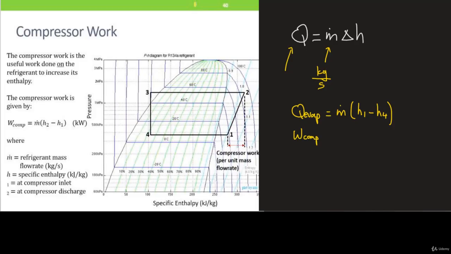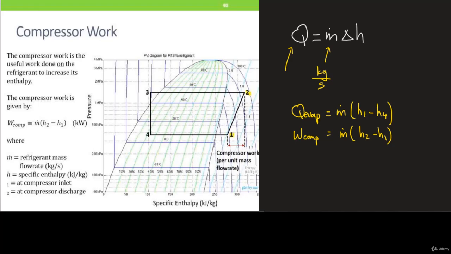W comp is equal to m dot, the same refrigerant mass flow rate, multiplied by (H2 minus H1). Why is that so? Because when your refrigerant moves from point 1 to point 2, it is undergoing compression. We want to find the change in enthalpy, and multiplied by the mass flow rate, you get the work done by the compressor.